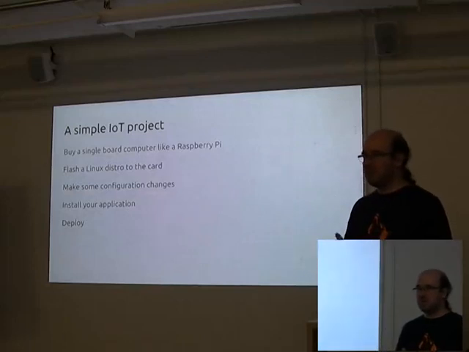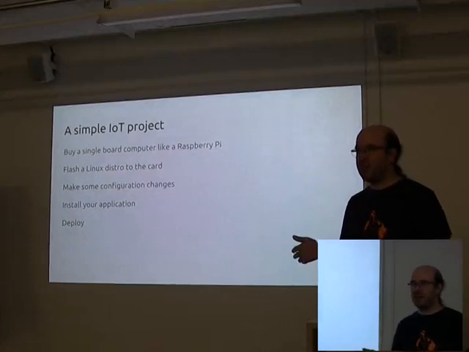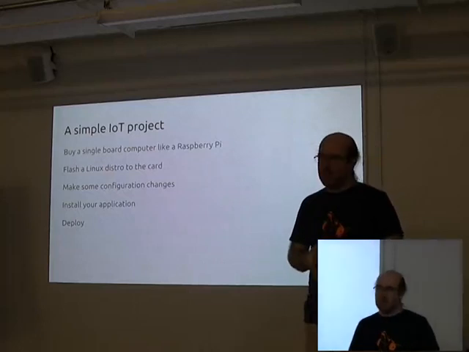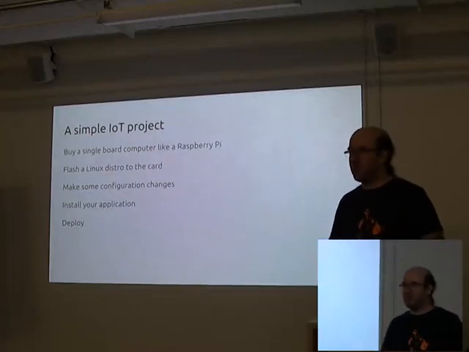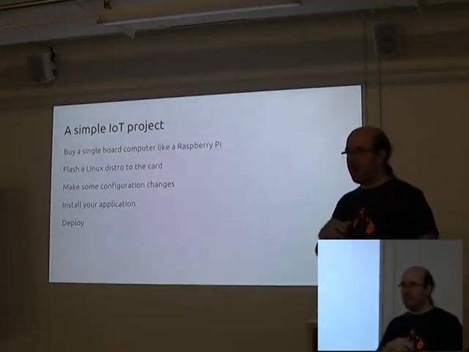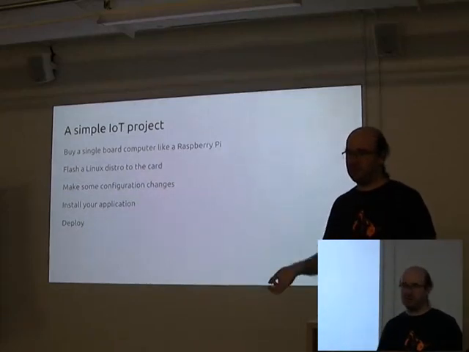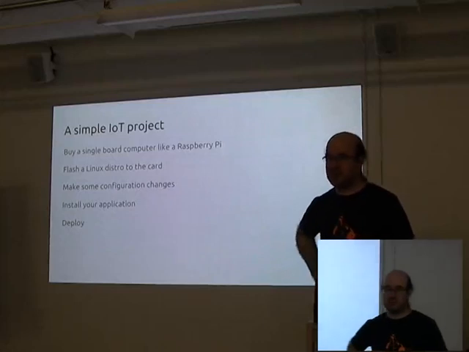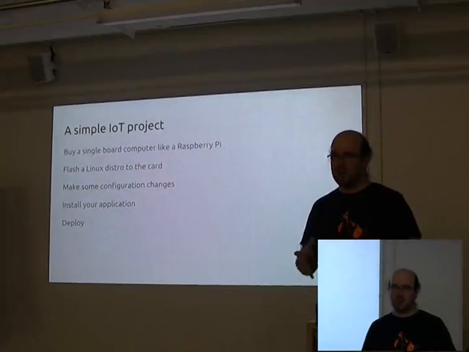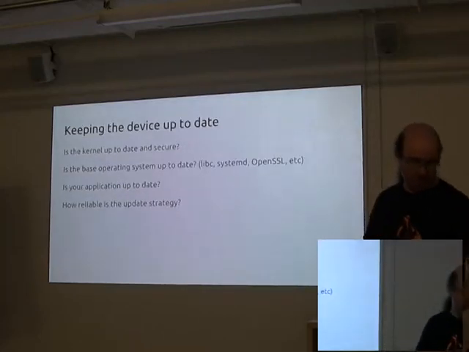Especially if it's an ARM system, you might have a base Linux distribution provided by the board manufacturer, or at the minimum the kernel. You might need to make some changes to what the board manufacturer provided you, and then you write your application, you put it onto the storage and set your application to start when the system boots, and then you deploy it. So that's all pretty good for your first step.